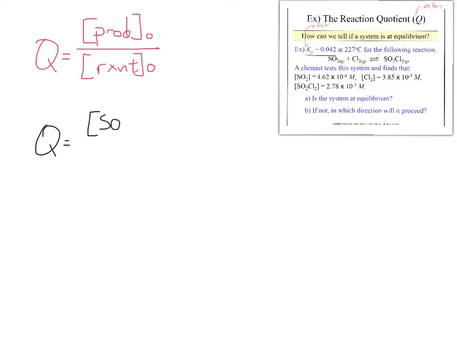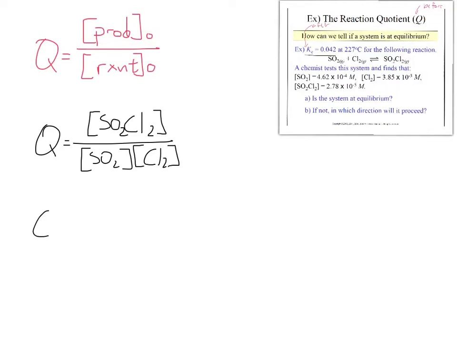The only difference is that you use the initial concentrations of products raised to all their powers divided by the initial concentration of reactants. In this example, Q is equal to the concentration of SO2Cl2 divided by the concentration of SO2 times the concentration of Cl2.